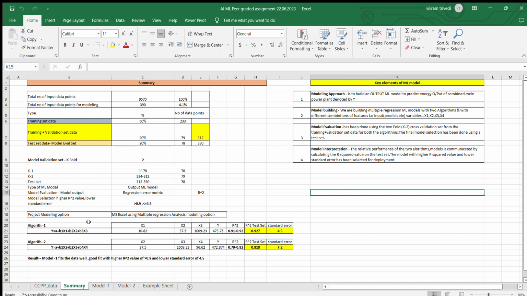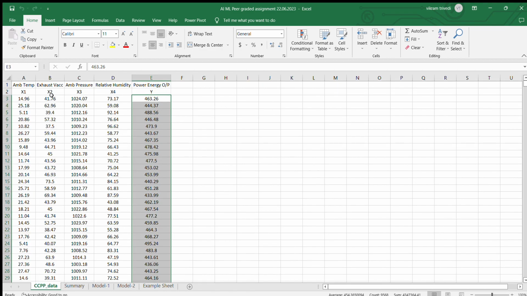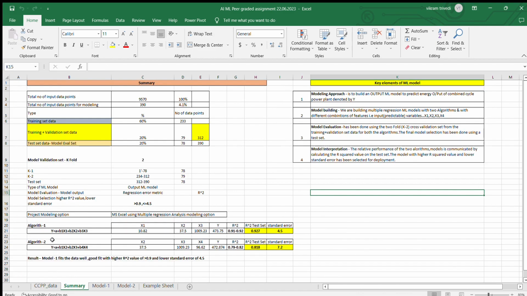In one algorithm we have selected x1, x2 and x3, these three independent input variables, to predict our output variable, that is energy output denoted by y. And in the second algorithm, that is model number 2, we have selected x2, x3 and x4 as three independent input variables to predict our target variable y or energy output.